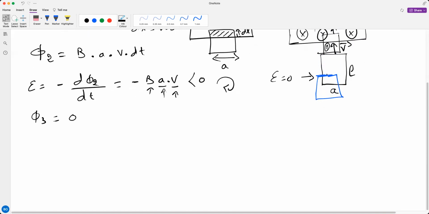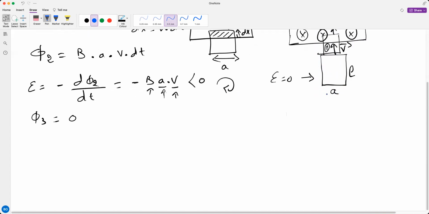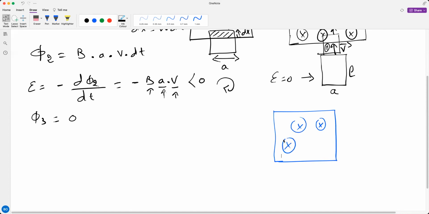Of course, you can also have something a little bit complicated. Let's say, for example, the magnetic field is constant, but now I'm not considering a rectangular loop, but a circular loop.